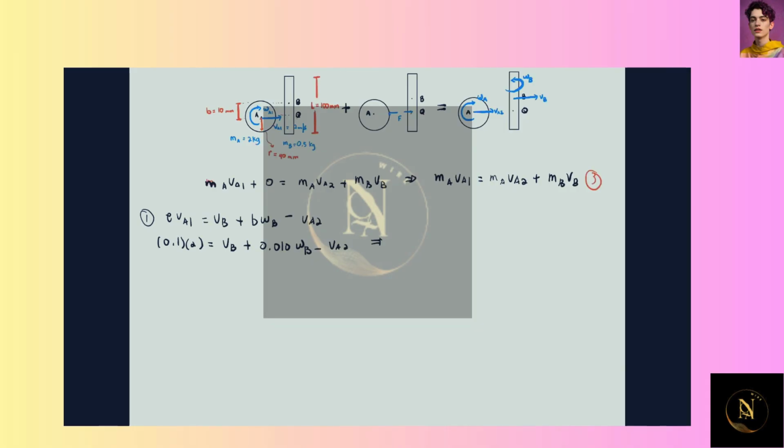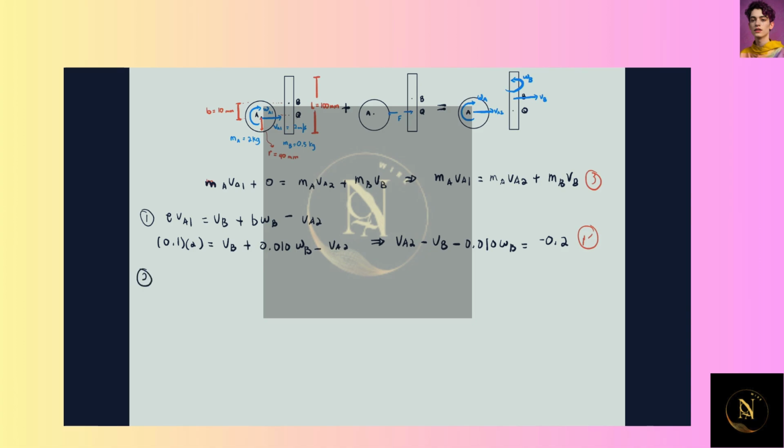We can write this as va2 minus vb minus 0.010 omega b equals negative 0.2. Let's write it this way so that it will be easier to solve for the unknowns later. Let's call this equation 1 prime.